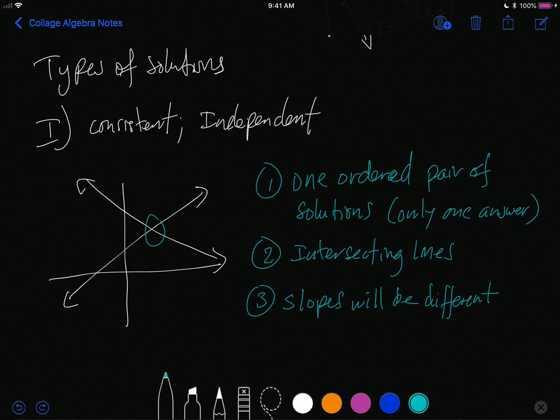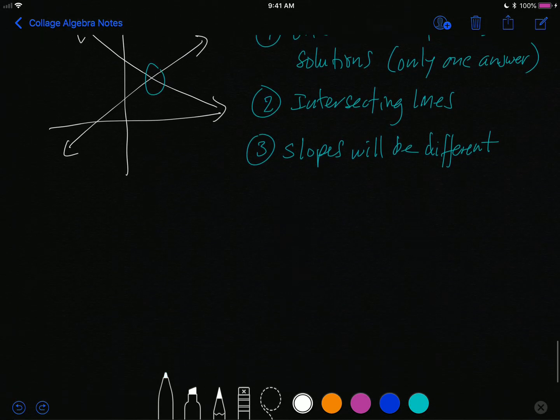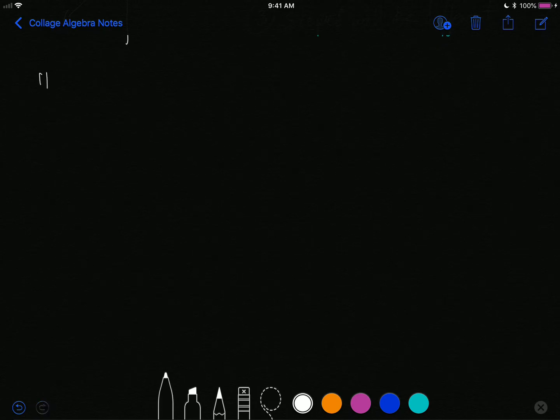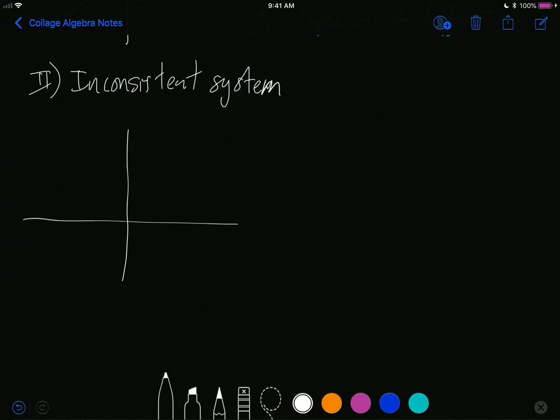The second kind is what we call an inconsistent system. In the inconsistent system, what happens is that the two lines of the graph never meet.